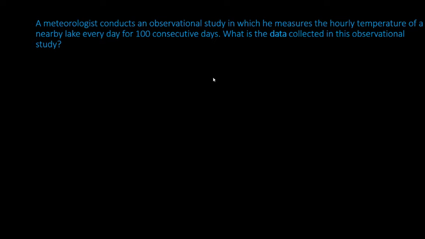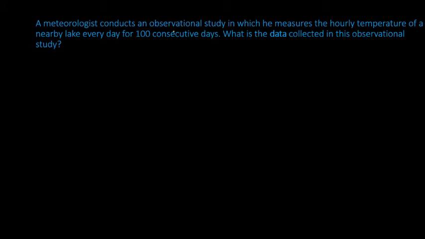All right, next example. A meteorologist conducts an observational study in which he measures the hourly temperature of a nearby lake every day for 100 consecutive days. What's the data collected in this observational study? Okay, so we want to know what's the total body of data that we're collecting. The key here is making sure that you give a complete answer. I have a feeling that most of us could glance at this and figure out at least a partially correct answer, but we want the whole thing.